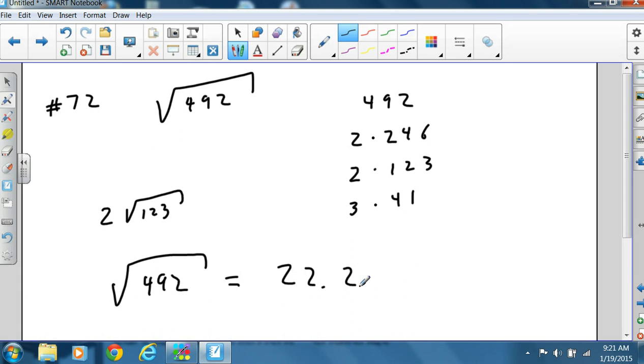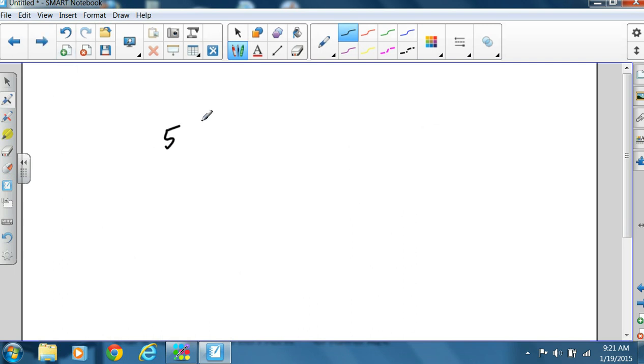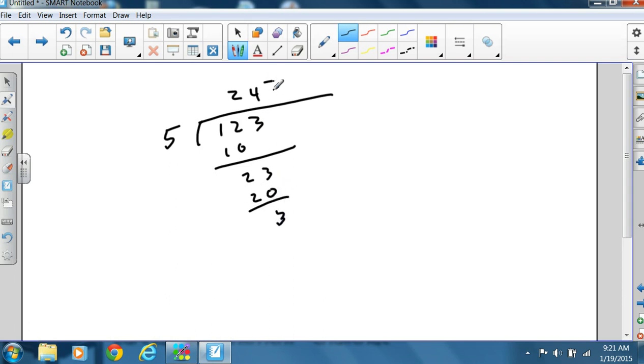Do we have manual ways of finding a square root? Okay, so if I have 5 divided into 123, I can go 2, 10, 23 left over, 4, 20, 3, remainder 3, right?